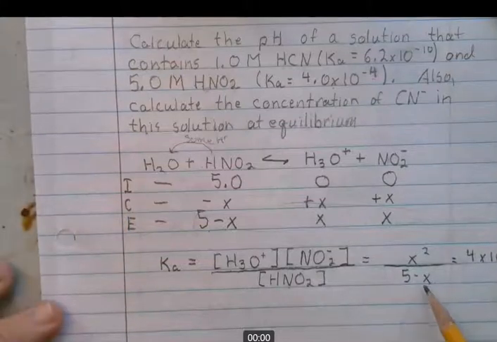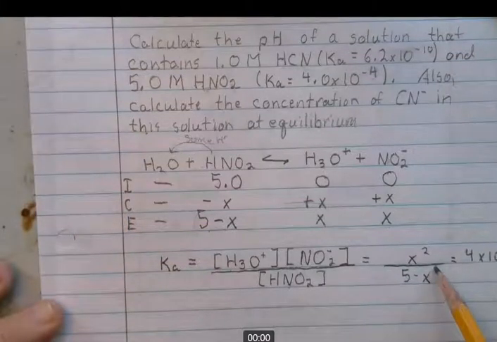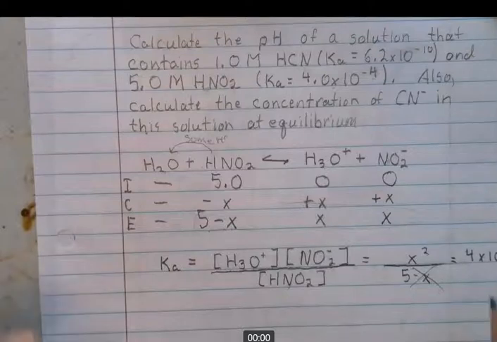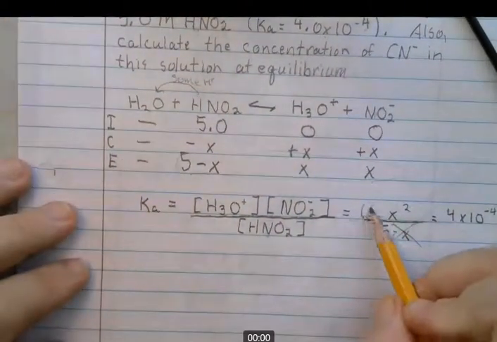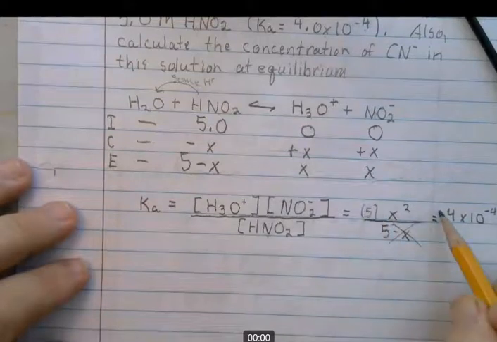Okay, so if X is very, very small compared to 5, we can just take it away. So now you have X squared over 5 equals this. And that's some math you can practically do in your head. You're going to multiply both sides by 5. There.